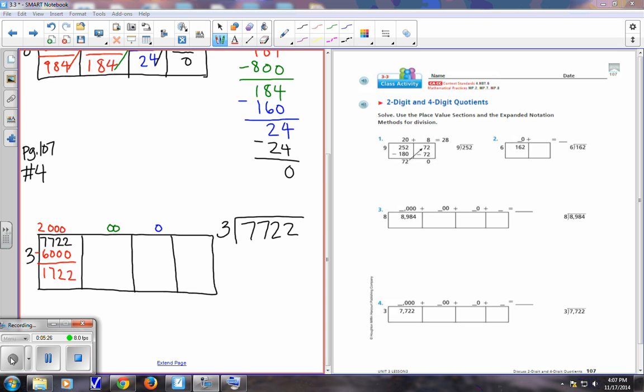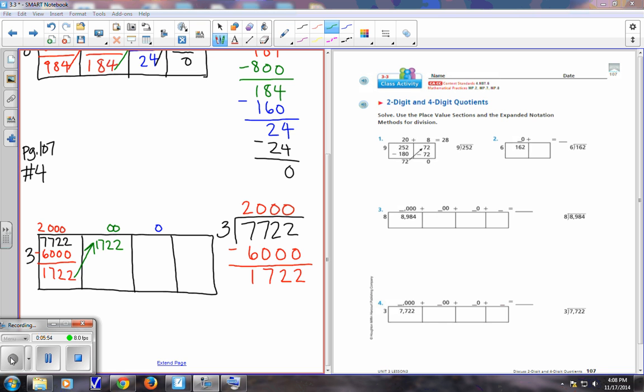I'm going to do the same thing in the expanded notation model. 6,000, subtract, 1,722. Then I'm going to move that 1,722 to the next place value. Now I'm looking at 1,700.